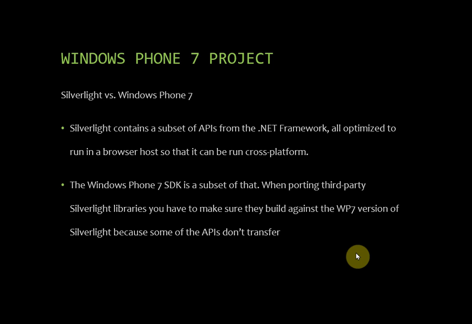All these have pre-built and skinnable control packages which can be used in your Windows Phone 7, and they also come with a price, roughly around $100 to $1,500. So this is about your Windows Phone 7 project.